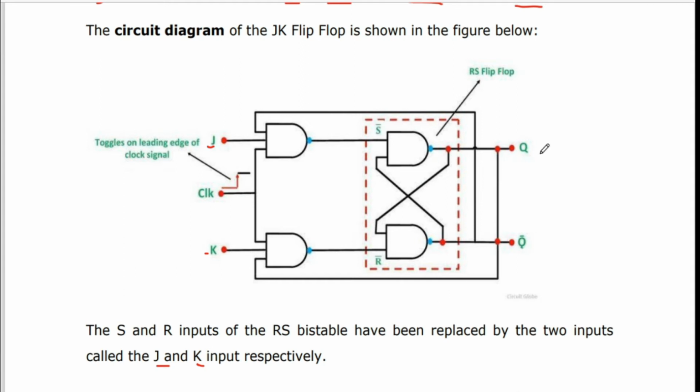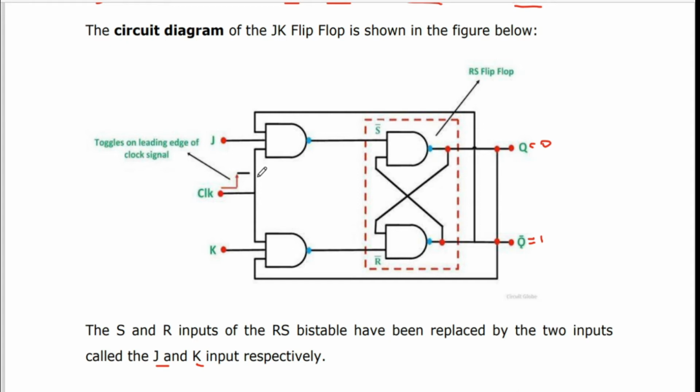So initially assume that Q I will take as 0, and Q bar I will take as 1. I am stating once again, Q is equal to 0, Q bar is equal to 1. Now here students, I am focusing only on the last condition.